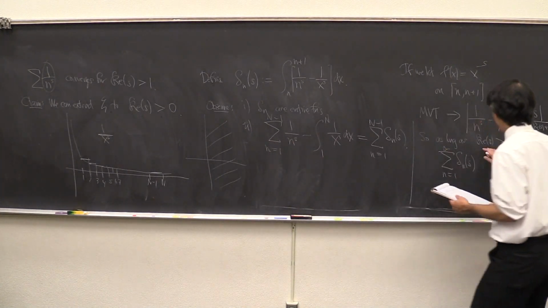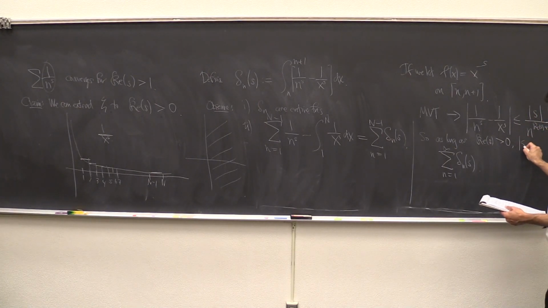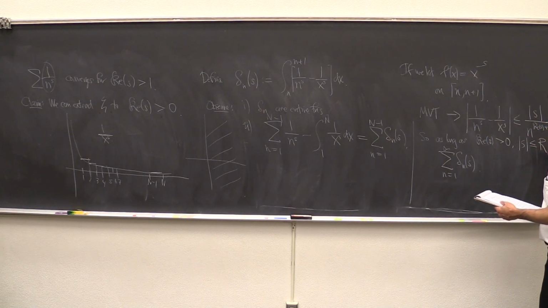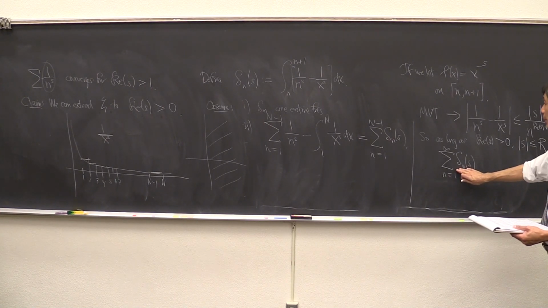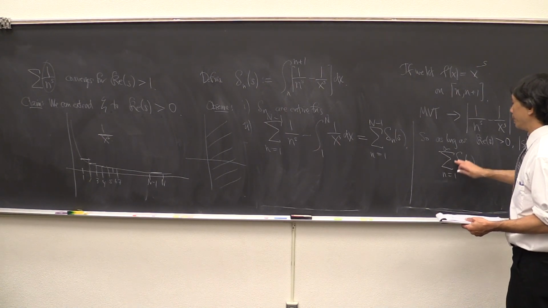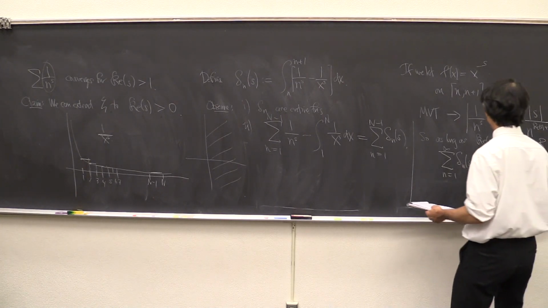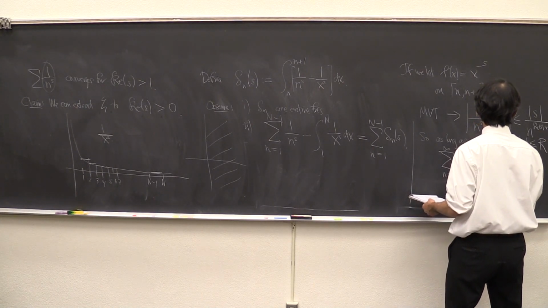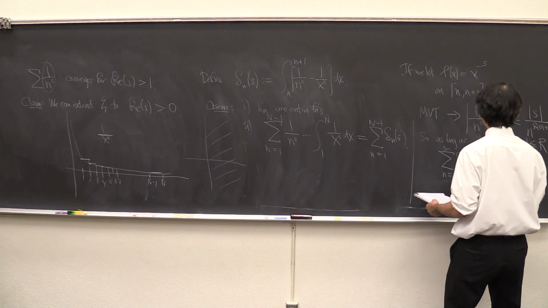As long as the real part of s is bigger than 0 and s is controlled by some constant R, then by the Weierstrass M-test, this thing converges uniformly and thus to a holomorphic function.